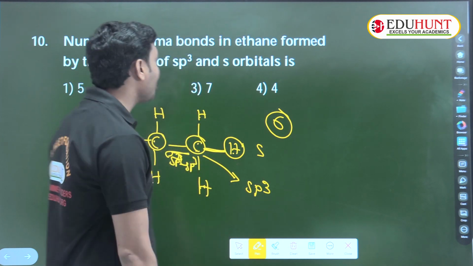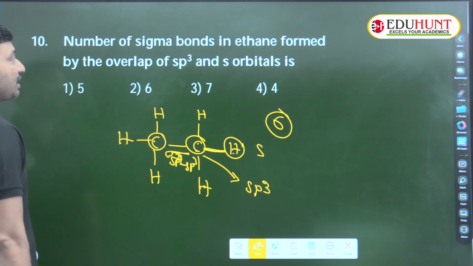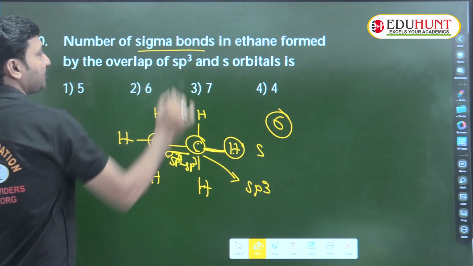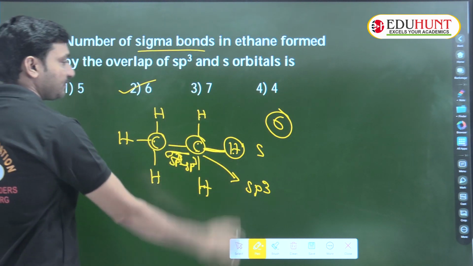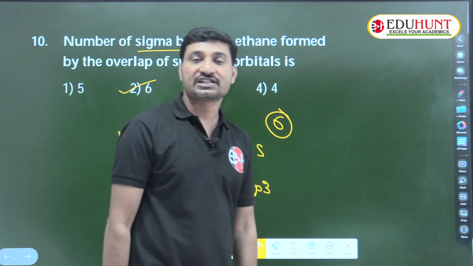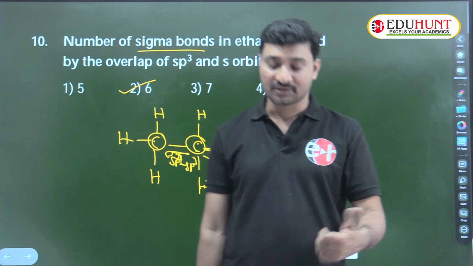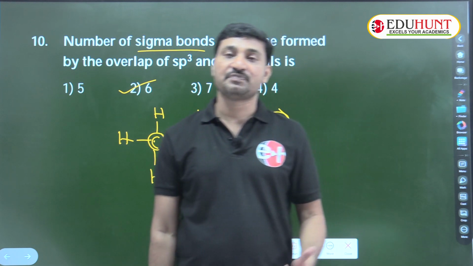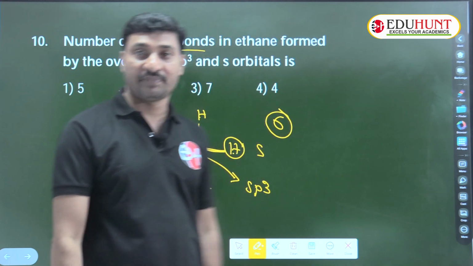Total how many sp3–s overlapping sigma bonds? Total 6. Each C–H bond is sp3–s overlapping.